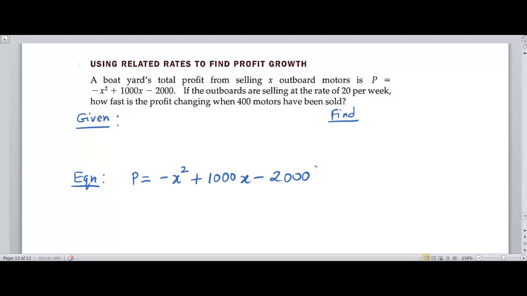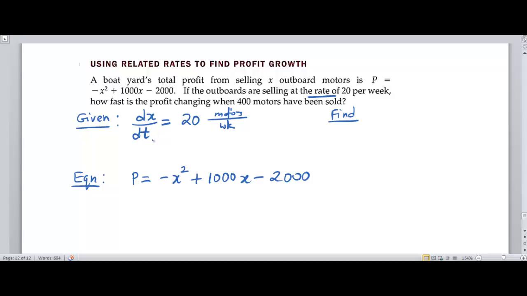What are we given? If outboards are selling at a rate of 20 per week, and x is the number of outboards sold, so they're giving us dx/dt, right? They're giving us the rate. So a rate is always dx or d something over dt, 20 per week. Again, look at your units, 20 motors per week. So motors is x, week is t, so that's dx/dt.